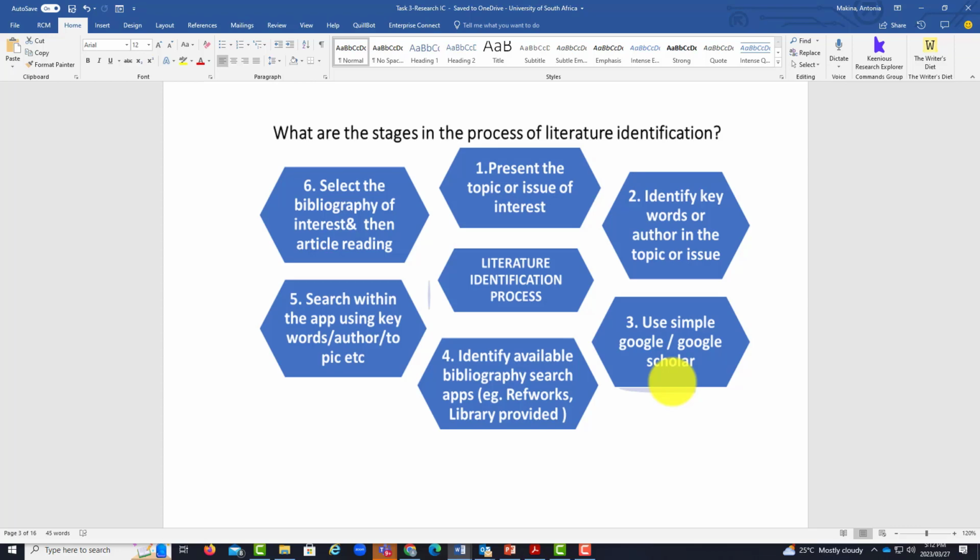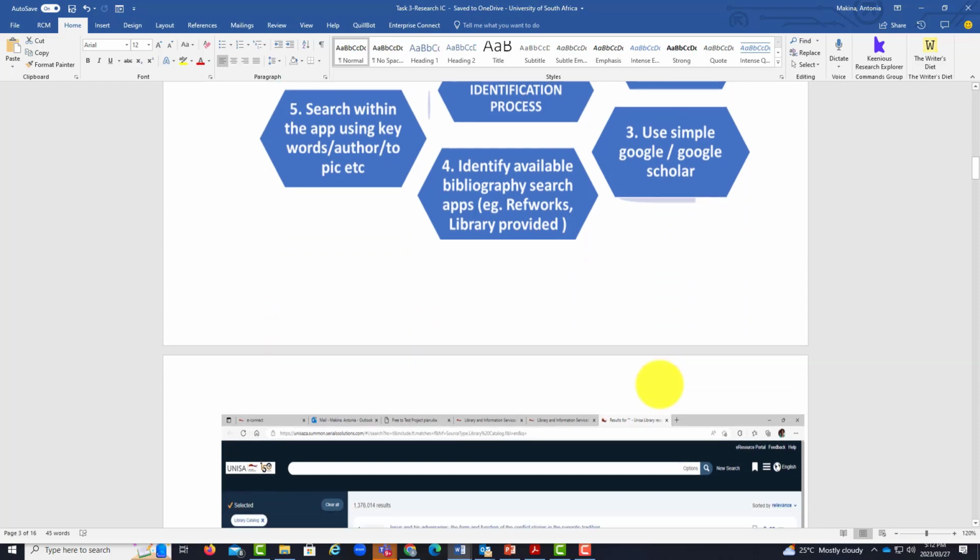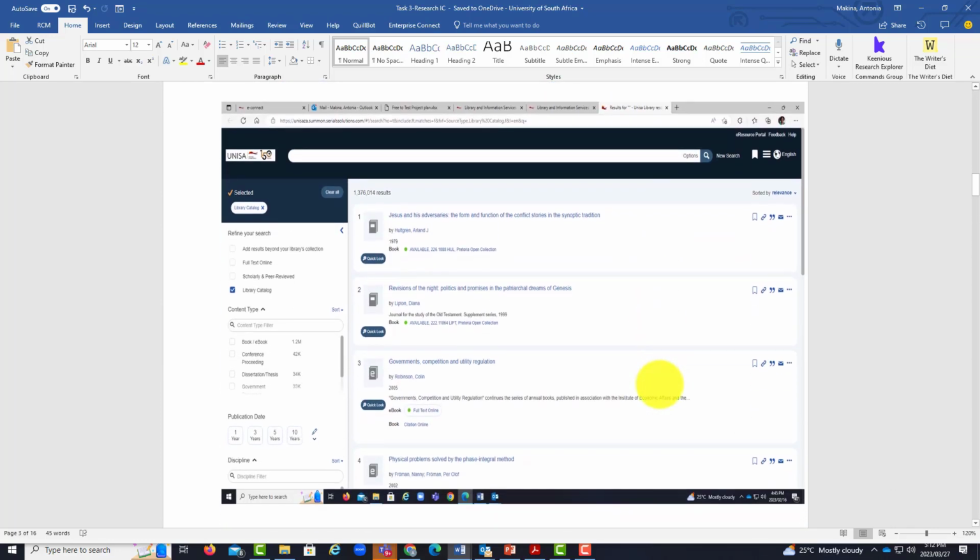The example I have given below is from the University of South Africa. This is a library catalog. It can only be accessed by a student who is at a particular university, in this case, the University of South Africa.